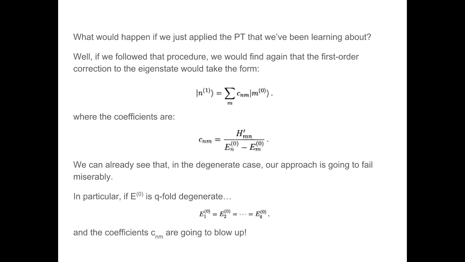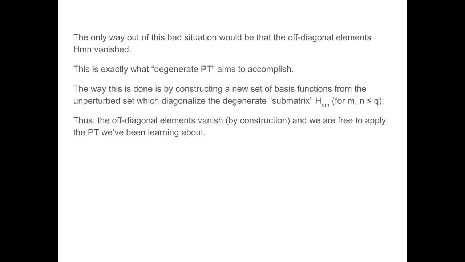In other words, these matrix elements that are in the numerator, they're off diagonal. Remember, we pointed this out last week. So if we were to somehow diagonalize this perturbation Hamiltonian, then these off-diagonal elements would go to zero, and our coefficients would be well behaved. So that's exactly what we're going to try to do in degenerate perturbation theory, come up with a way so that these off-diagonal elements vanish.